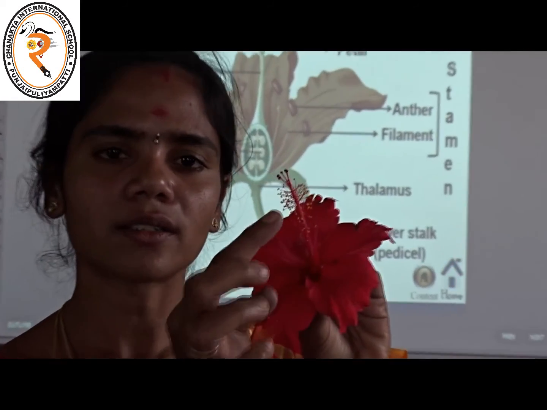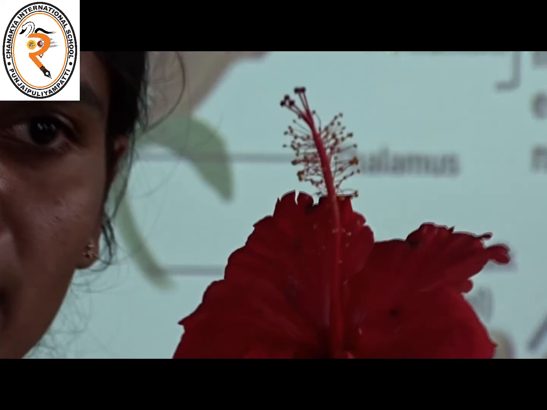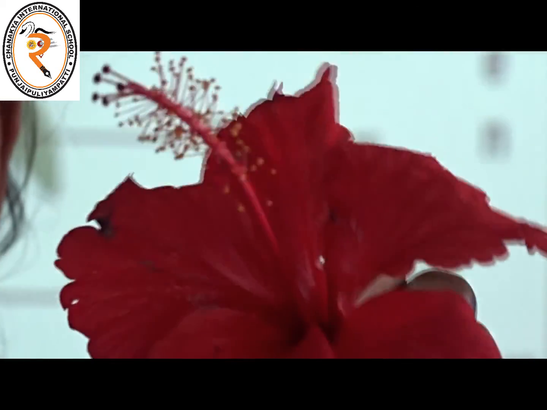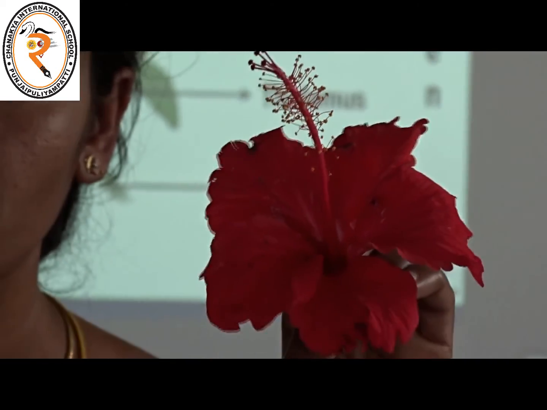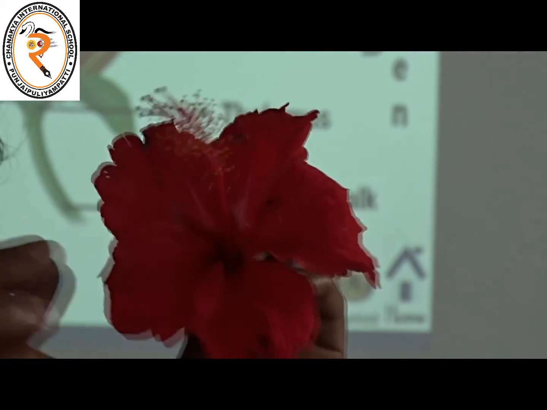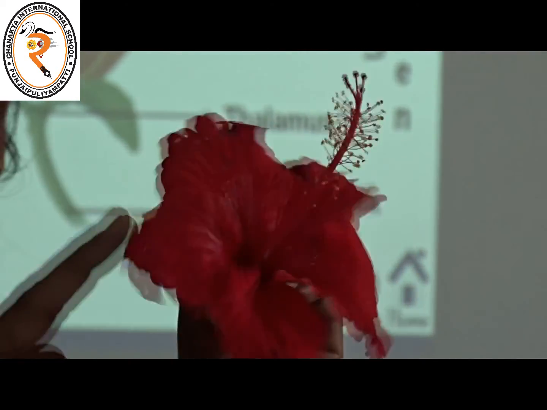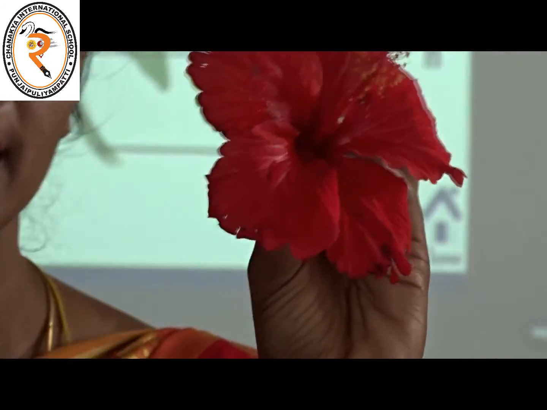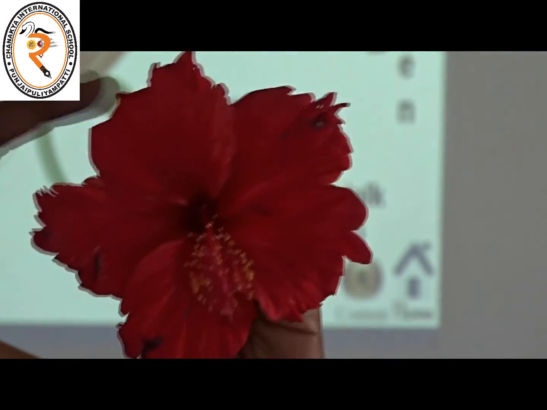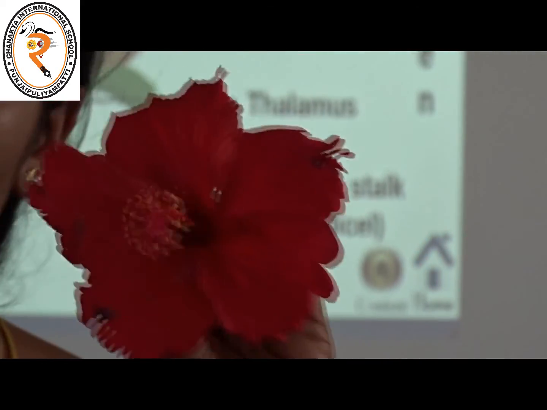This is called anther. Okay. The yellow color we can see now, that is called anther. And what is this? We know that it is the colorful part of plant. So this is called petals. See, this is a hibiscus flower. How many petals it have? 1, 2, 3, 4 and 5.